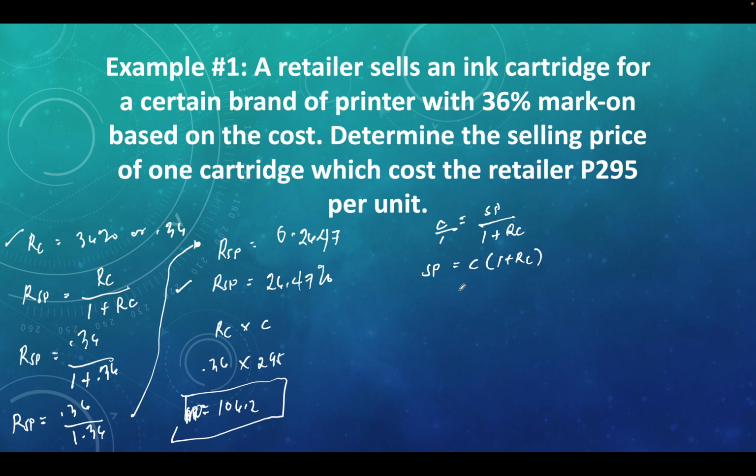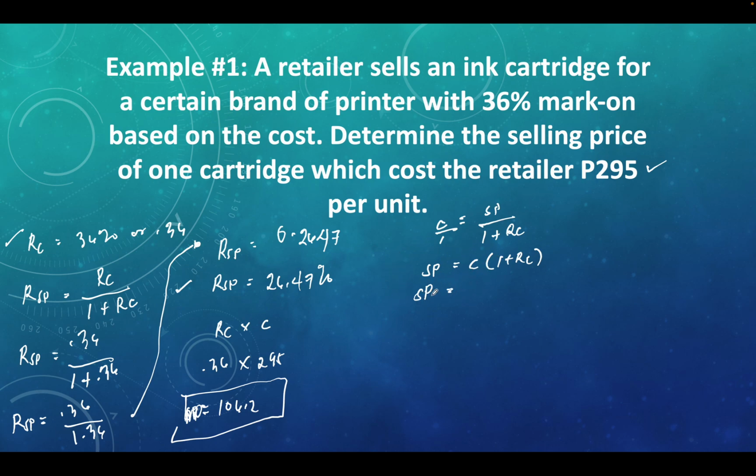Okay, so solve lang natin yung selling price natin saglit. Our selling price is equals to the cost. Yung cost natin is 295. This is just for the checking kung tama ba yung mga nakuha nating rate based on the selling price from the rate based on cost na given natin. But this is from another lesson, no?